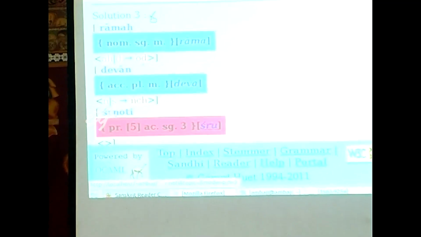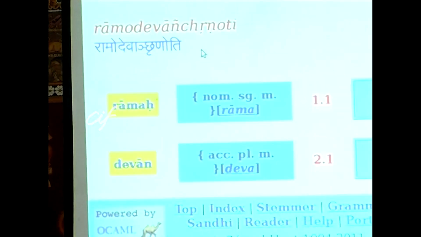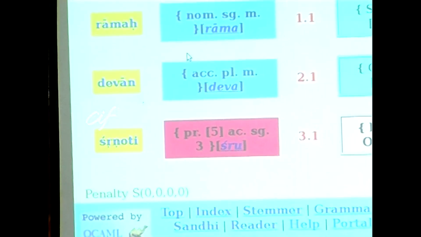And it's Rama, Devan, Srinoti. And from that analysis, we can already understand what it is about. See, that Rama is hearing the gods. And actually, after solution 3, here we have an active link again. So we can click here and have more semantic information.